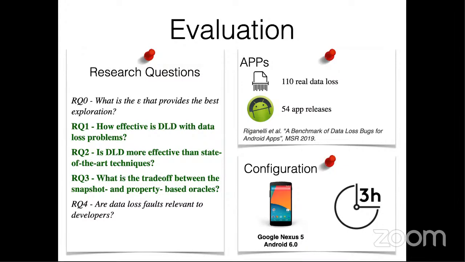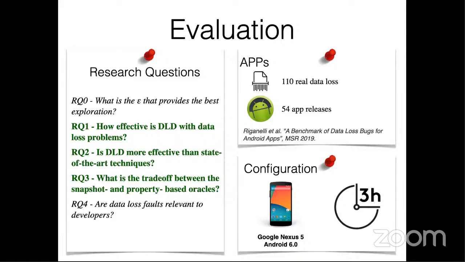In RQ2, we compared DLD with the state-of-the-art techniques. In RQ3, we analyzed the compromise between snapshot and property-based oracles. In the last research question, RQ4, we studied how developers react to data loss problems in the labs.